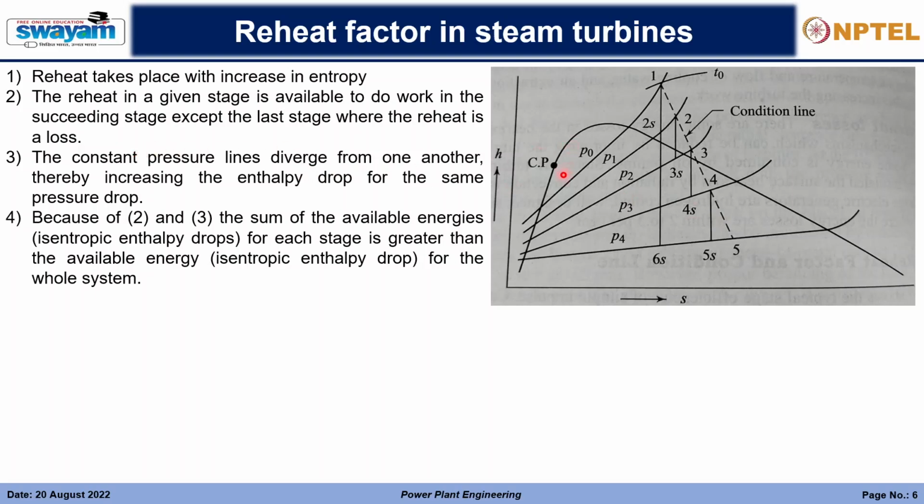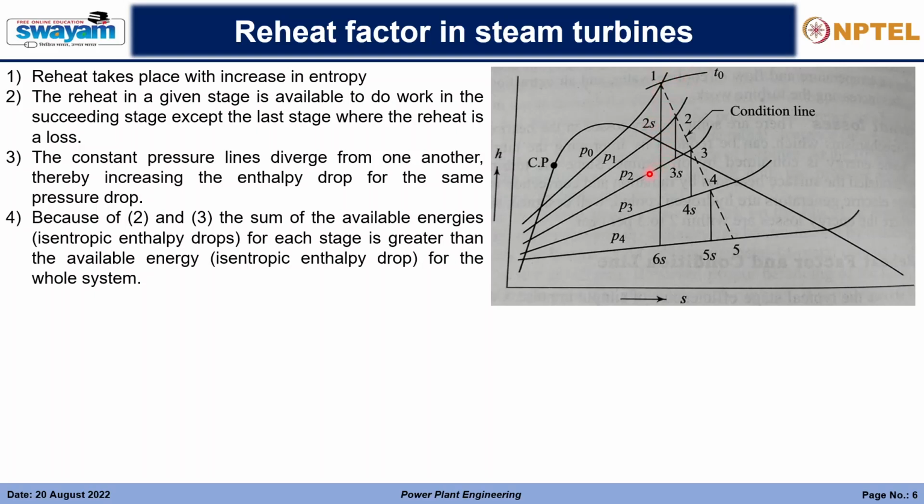Okay, so the constant pressure lines diverge from one another, thereby increasing the enthalpy drop for the same pressure drop. Yes, you can see these are the constant pressure lines in an HS diagram. This is enthalpy, this is S. The difference between the pressure lines, if we draw a constant entropy line between the pressures, this gap and this gap is different, so it is diverging.